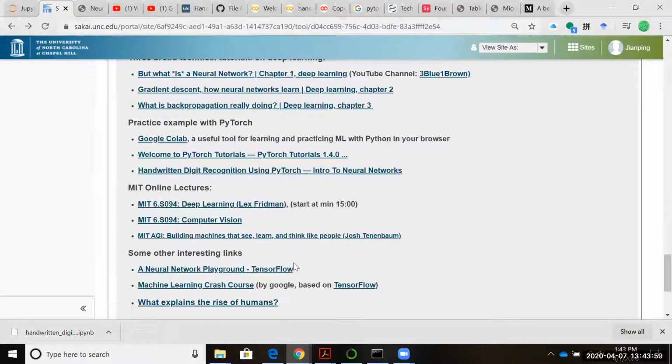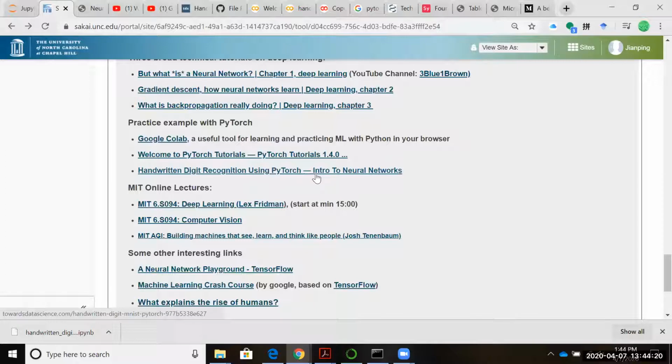A few years ago, Facebook came up with their own platform of software development called PyTorch, and I find PyTorch a little bit easier, more intuitive. So we're going to use PyTorch this time around.